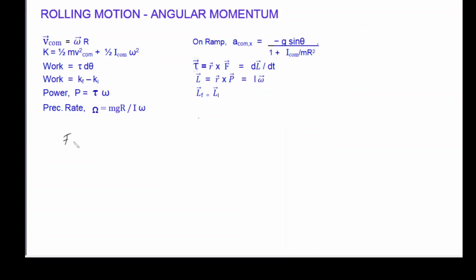Now let's discuss the forces involved with rolling. If a wheel is rolling at a constant speed, there's no friction or frictional force. If a force acts on a wheel, it will either speed up or slow down.